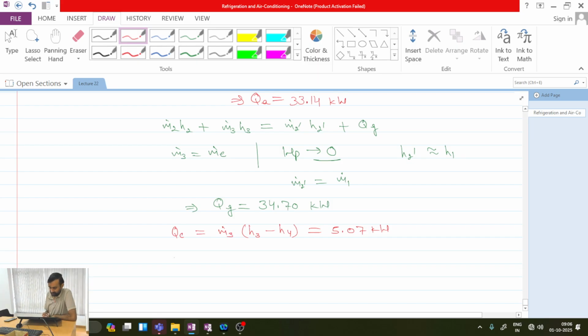How to check the energy balance? Heat added is QE plus QG. If pump work is negligible, this must be equal to QA plus QC. Now check. This I am getting 38.22 kilowatt, and the other one I am getting 38.22 kilowatt if rounded off to 2 digits.